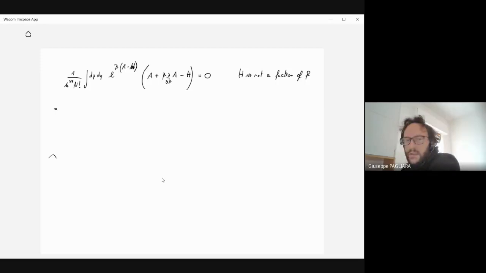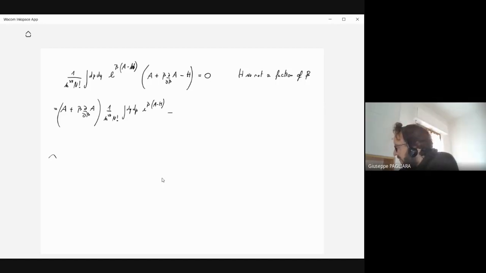Let me put outside the integral all the quantities that are not depending on P and Q. So then I will have this factor here, A plus beta derivative with respect to beta of A, times something that is actually equal to 1, because it is this factor here, dq dp e to beta, this one.